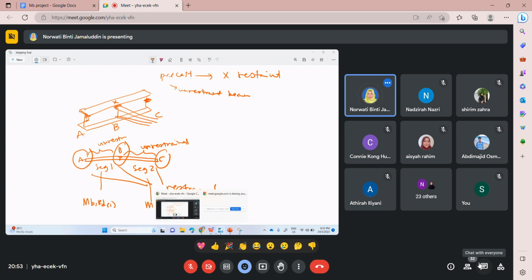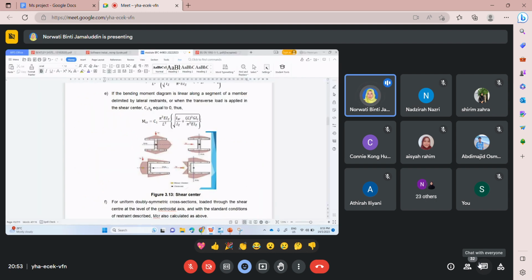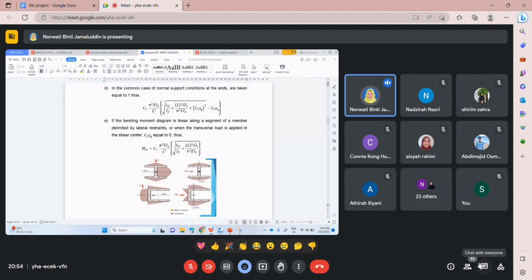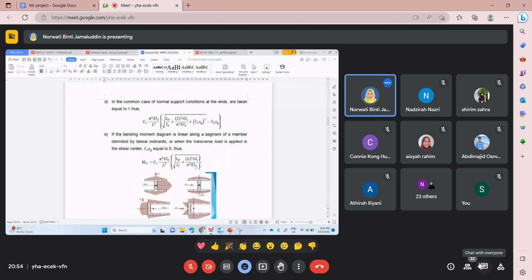For that, C2, Z2 equal to 0. So this equation, you can ignore this one. This is 0, 0. So what is left is only this parameter. We simplify the equation.